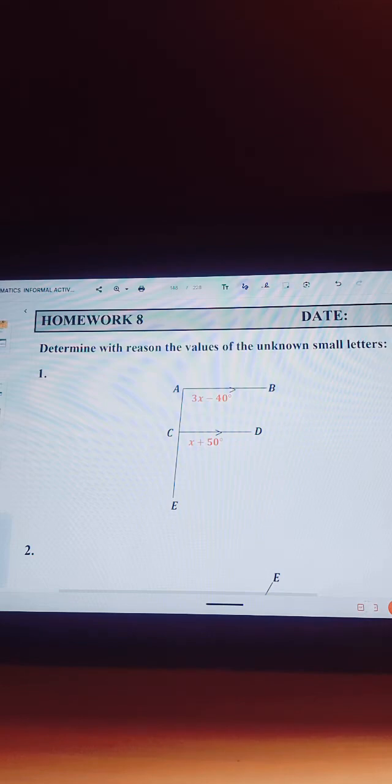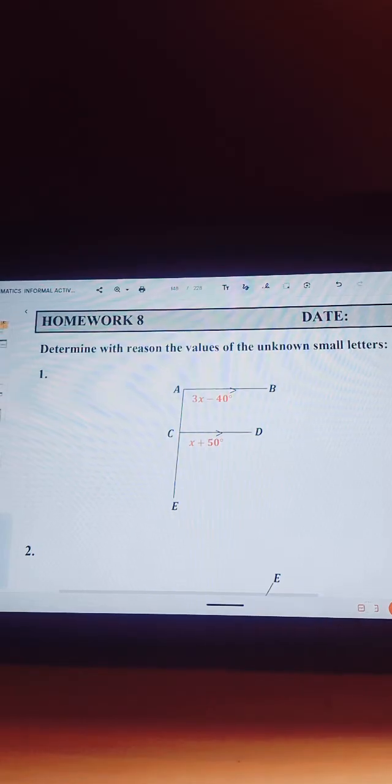Racer says 3x minus 40 degrees is equal to x plus 50. Very good, thank you very much. Corresponding angles, AB is parallel to CD. Good job, like the statement, followed by the calculation, 3x minus x is equal to 2x. Very good. Then 50 plus 40, not 50 minus 40, my guy.